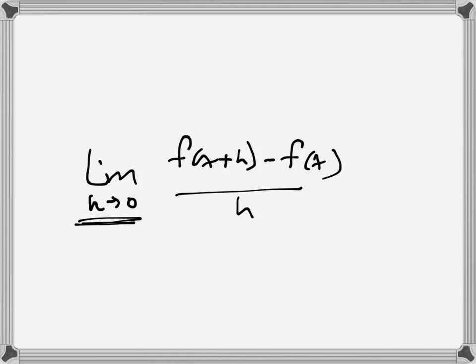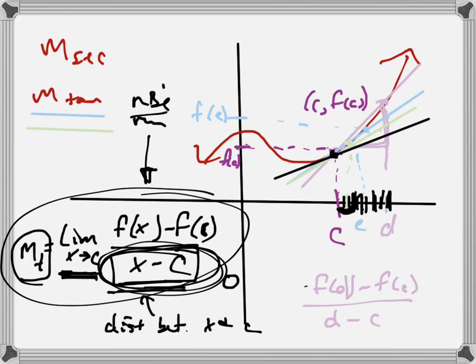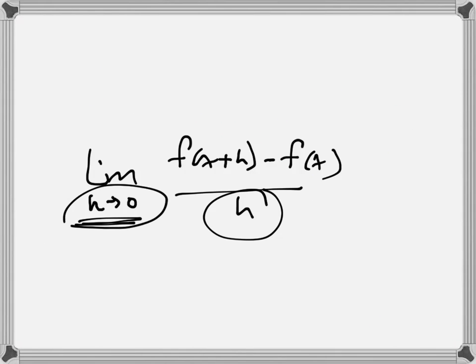Well, what's h now? It's the denominator. It's saying really the same thing. The distance between these two things is getting closer and closer to 0. It's really the same formula, just two different ways to say it.